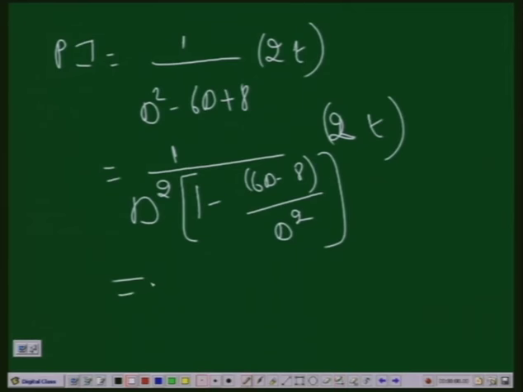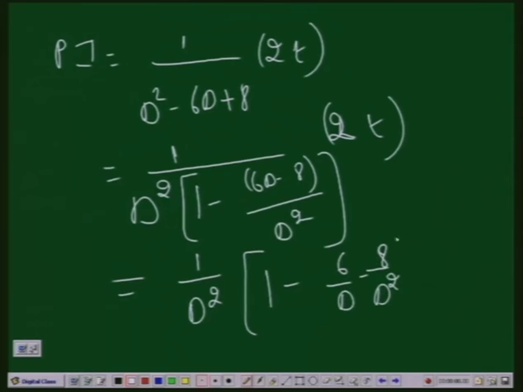This is equals to 1 by d square. I'll take this to numerator, which is 1 minus 6 by d minus 8 by d square operating on 2t whole to the power of minus 1.